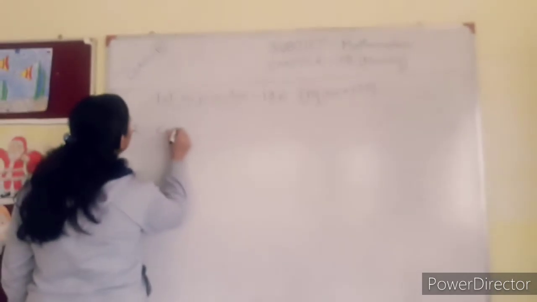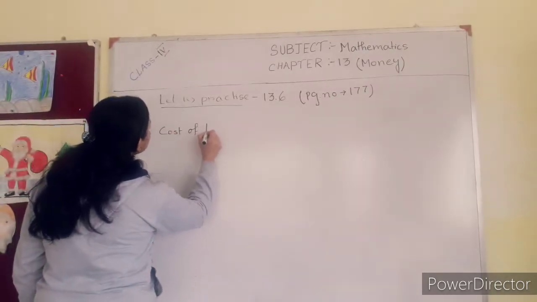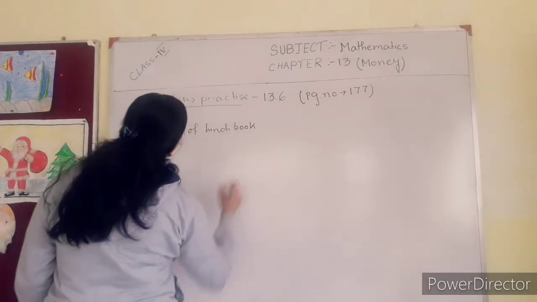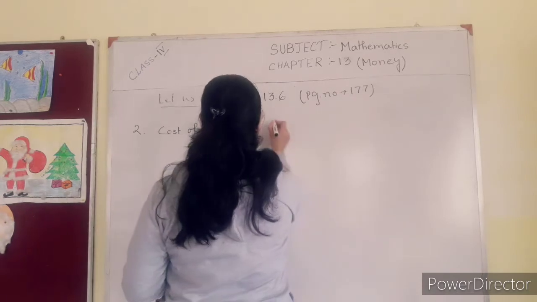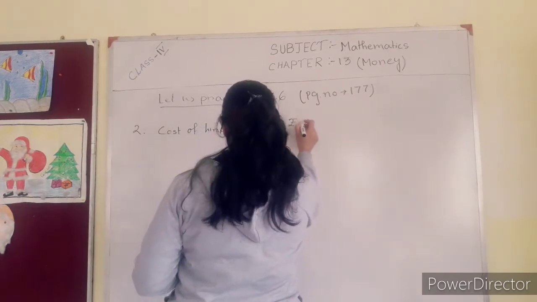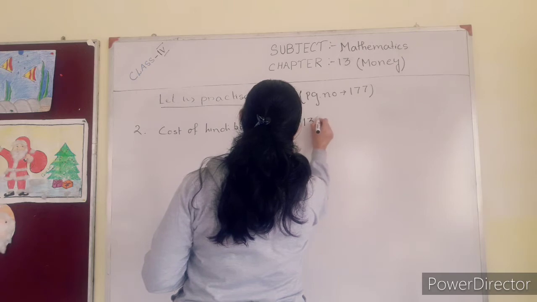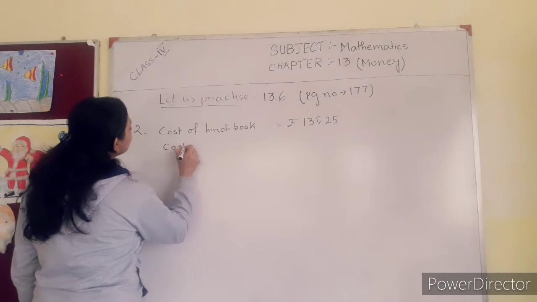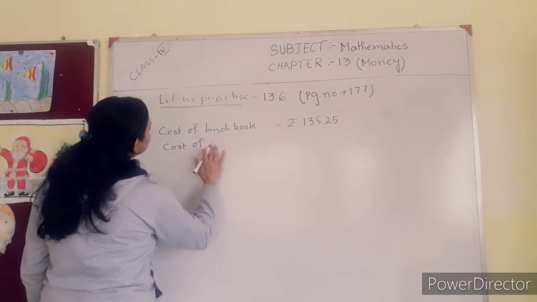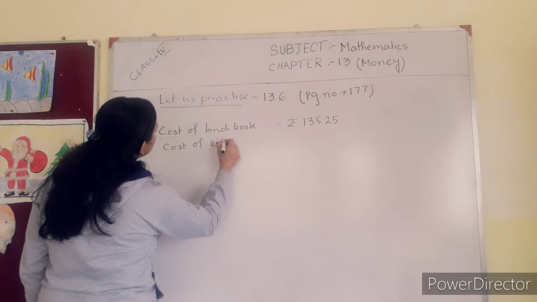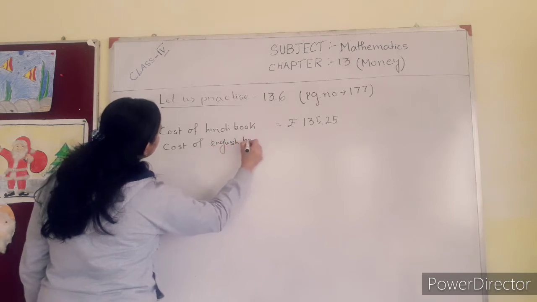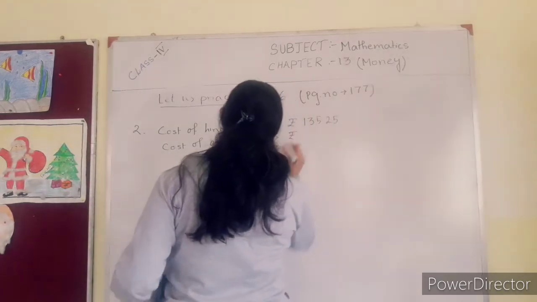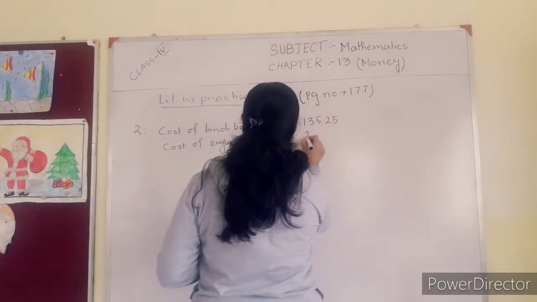Number 2. Cost of Hindi book equals rupees 135.25. Cost of English book equals rupees 220.50.